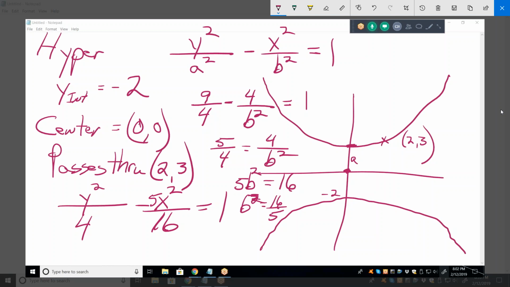I mean, a squared is 9. I made it 2, and that's the x coordinate, but the y coordinate is 3. Oh, no, hold on a second. No, I'm wrong. A is 2. That tells you a is 2.